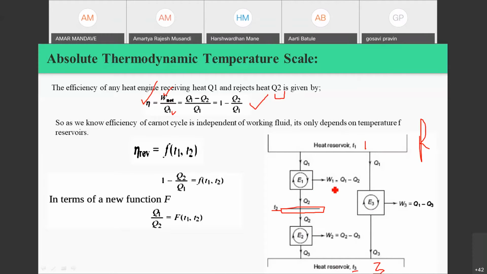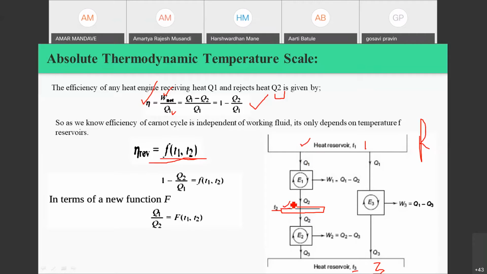Now from the Carnot heat engine, as we know, the efficiency of any Carnot or reversible heat engine is a function of the temperature only. It means the efficiency will be a function of the temperatures of the reservoirs.